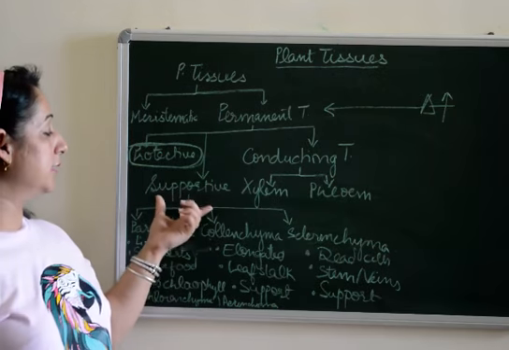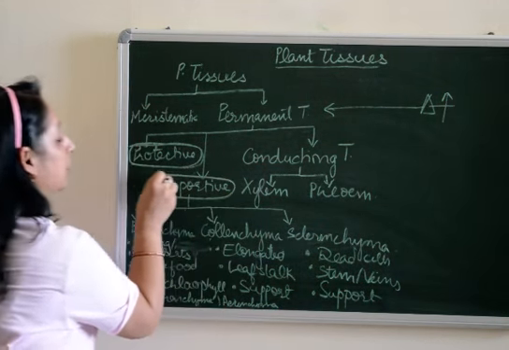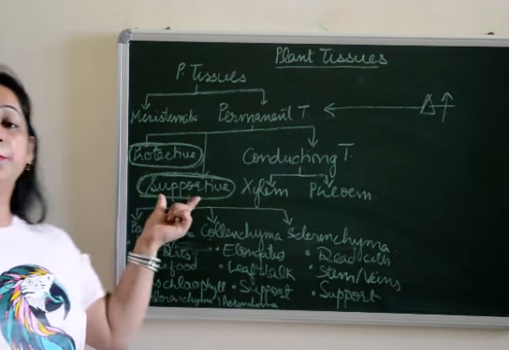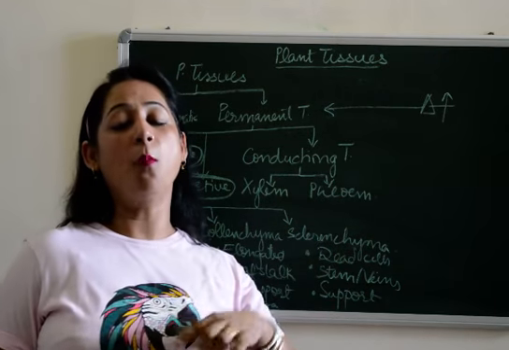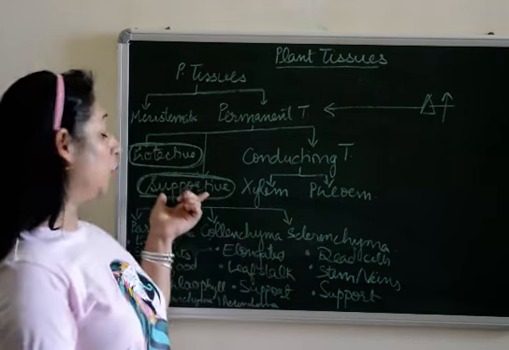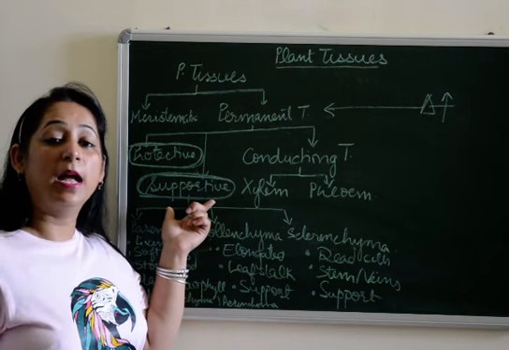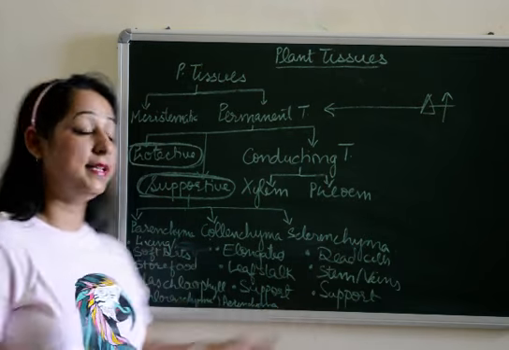The next type of permanent tissue is supportive tissue. These names themselves suggest their function. Supportive tissue provides support to the plant in one form or the other. Supportive tissues can be found in the areas where the plant needs some support. It is divided into three categories.